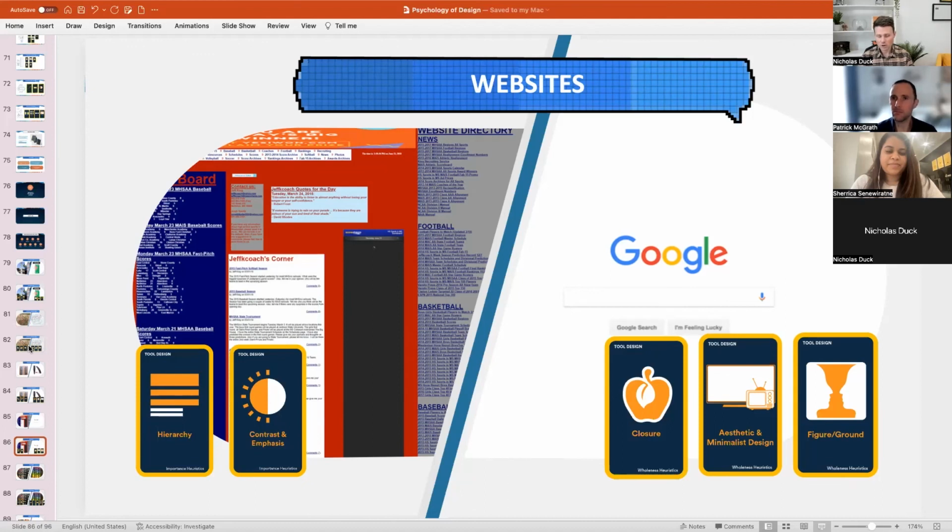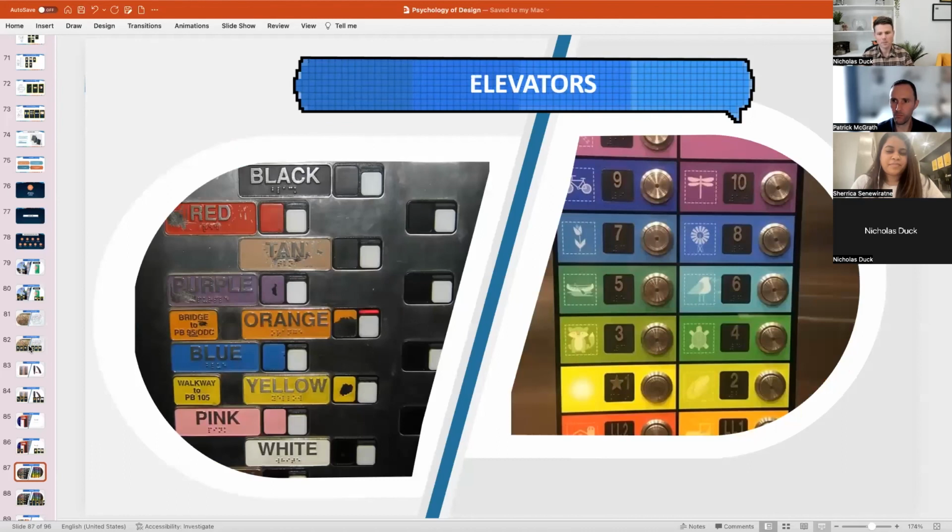There's certainly some contrast and emphasis there, but the wonderful thing about the Google search function, which is great innovation in itself, is its minimalist look, which they haven't lost over the years. There's certainly a sense of closure. There aren't 50,000 options to pick from, and it's got that nice contrast between the figure and ground. So you've got basically the background white, and then the only information you need just sticks right out.